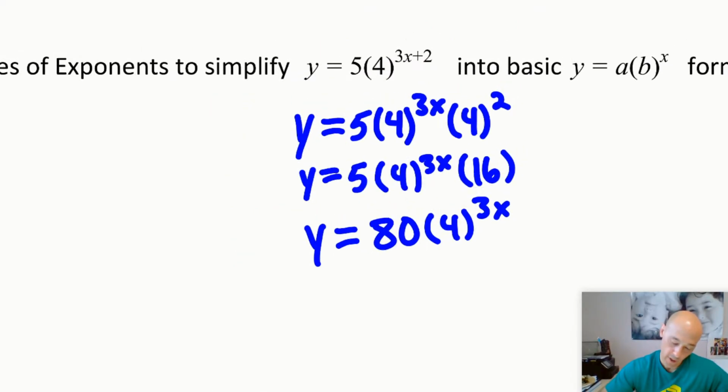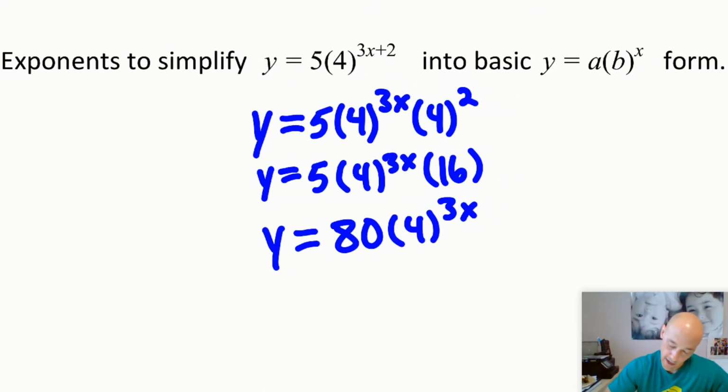And now, if we look up there, it wants it to just have x in the exponent, but we have 3x in the exponent. And again, we're going to do something here, and it's probably going to throw you off, but you just got to remember that the other way works as well. We can move this either way. So when we have two things that we're multiplying in the exponent, we can move one of them down into the parentheses there.